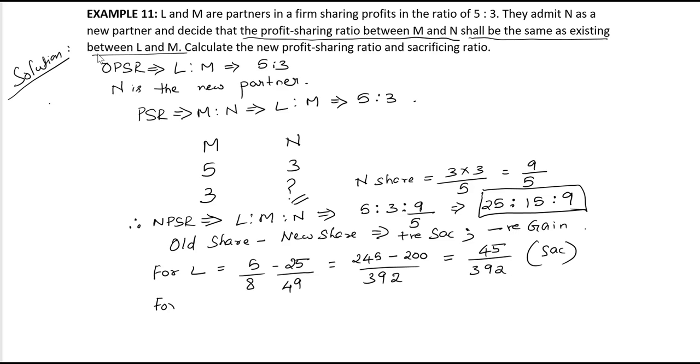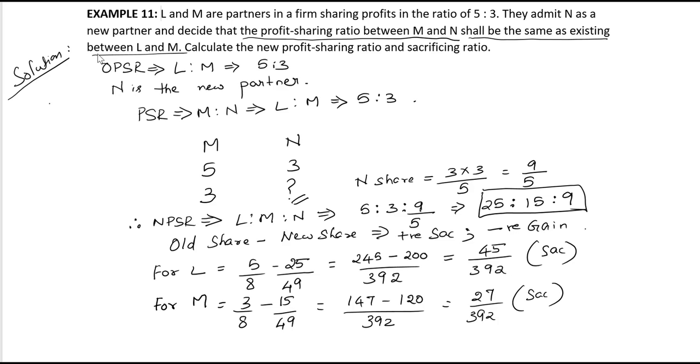Let's do the same thing for partner M. For partner M, old share 3 divided by 8 minus the new share 15 divided by 49. LCM is 392. 147 minus 120 is equal to 27 divided by 392. M has also sacrificed.